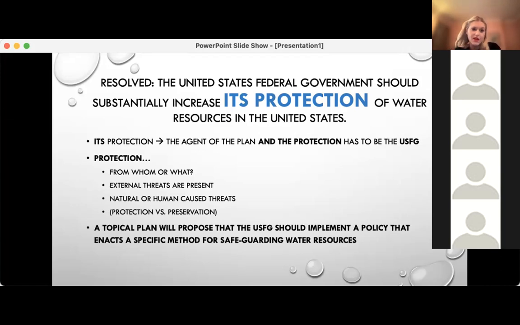It's a policy. It usually is going to be a regulation, a scheme of some sort of protection that requires different agencies to invest resources or to regulate industries that are operating on or in our water resources.